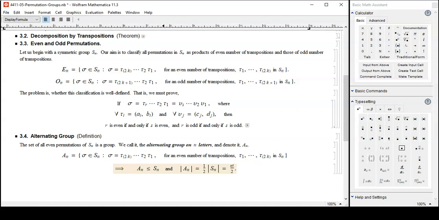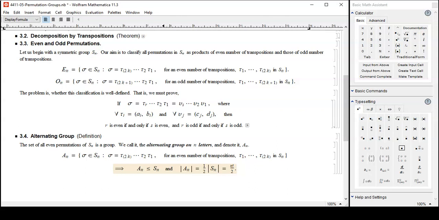Well, even or odd, you can prove that they have the same number of elements. So the group of even permutations, this subgroup, has half the size of the entire symmetric group. So the order of that is n factorial over 2. And this subgroup is called an alternating group.